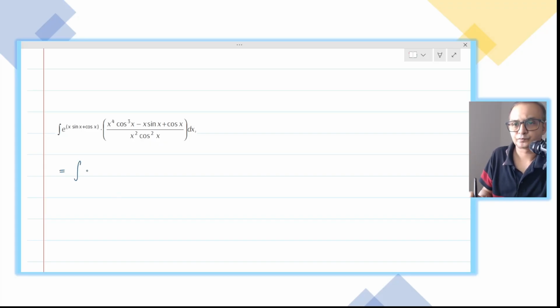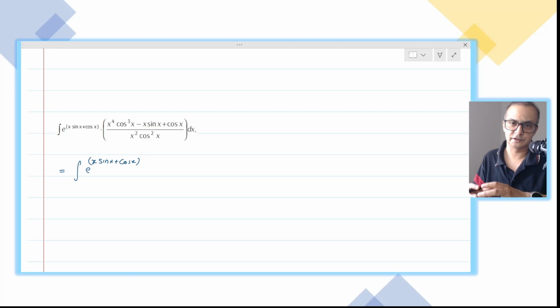So I have e to the power x sin x plus cos x, and any student who is a little bit sincere or serious about his IIT preparation knows that the derivative of x sin x plus cos x is x cos x. And if you don't know, we can simply differentiate it and check, because I need the derivative there, then only this structure will work.